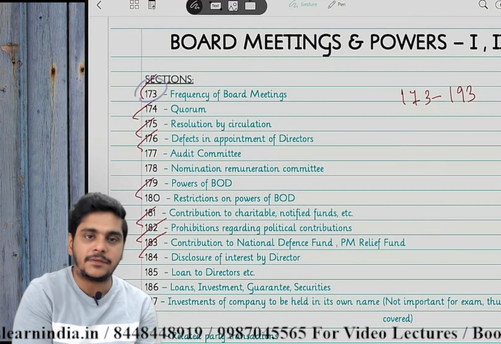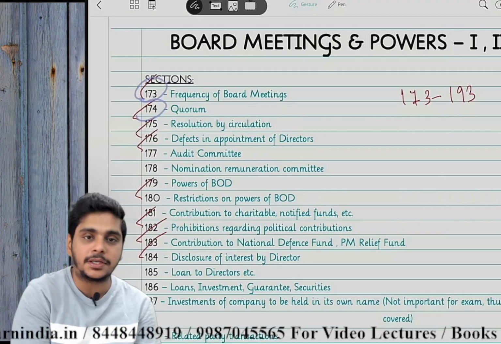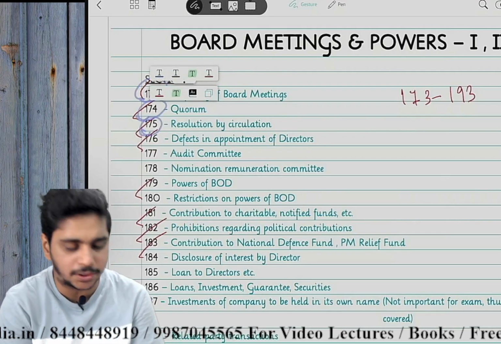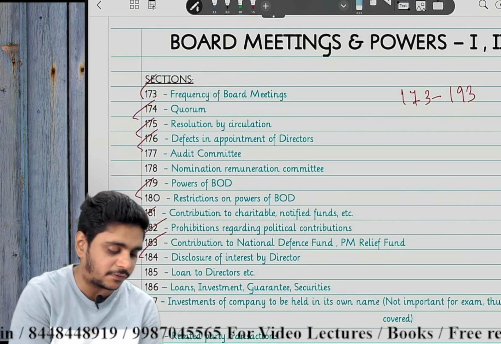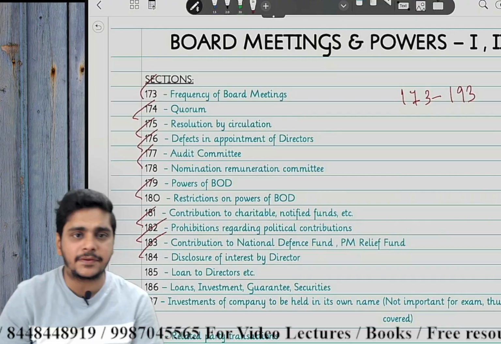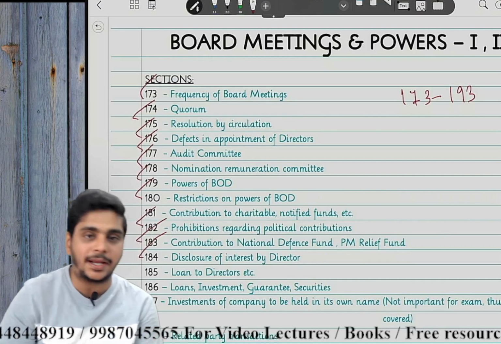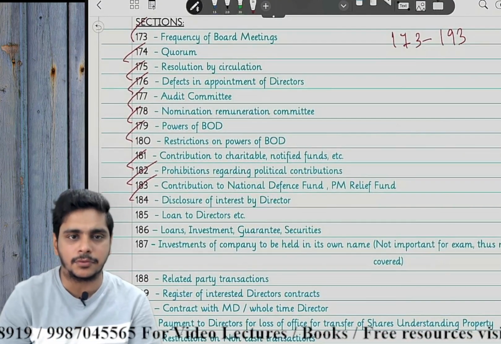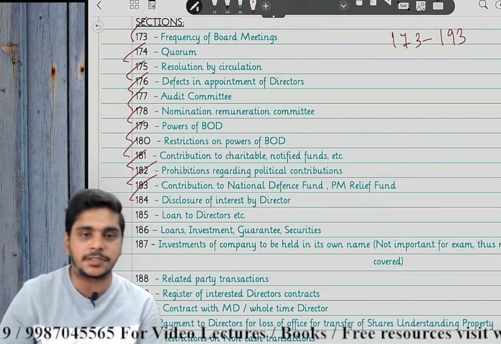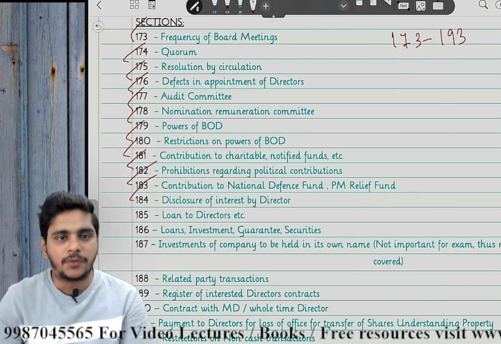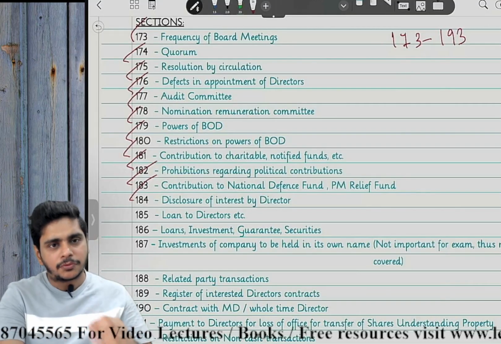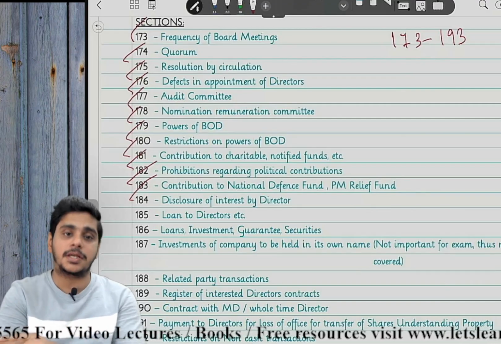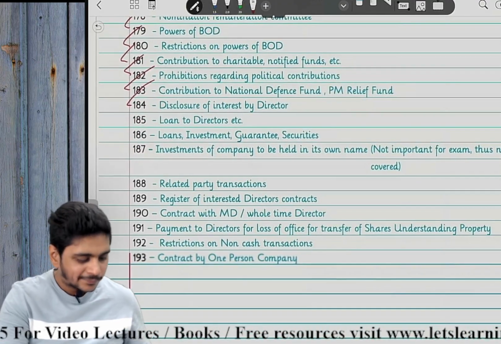We started with 173 frequency, 174 quorum, then 175 resolution by circulation, then 176 defective, then 177 audit committee, then 178 nomination remuneration committee, 179 powers of board, then today 180 restriction on powers of board, 181 charitable contribution, 182 political contribution, 183 national defense fund.